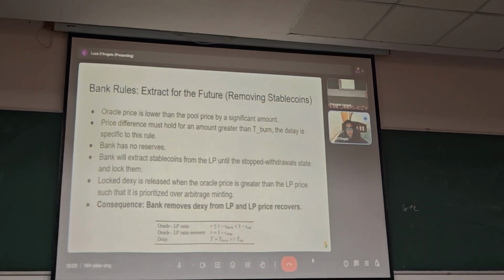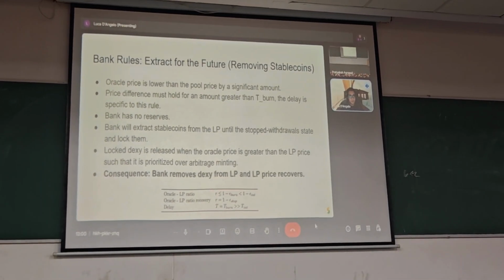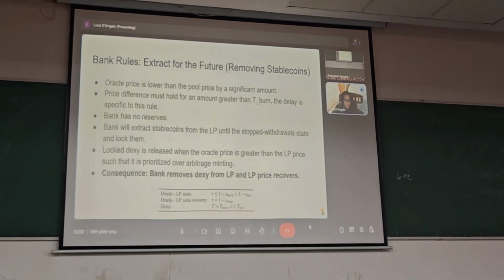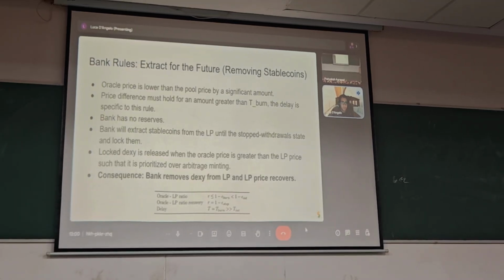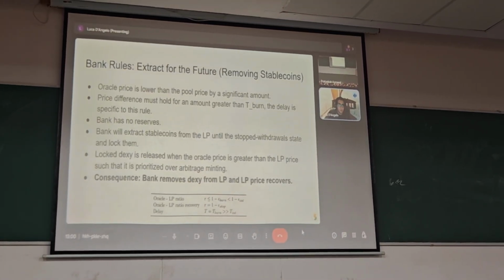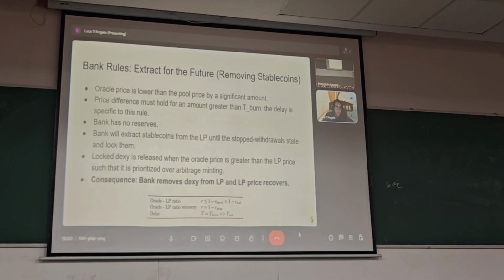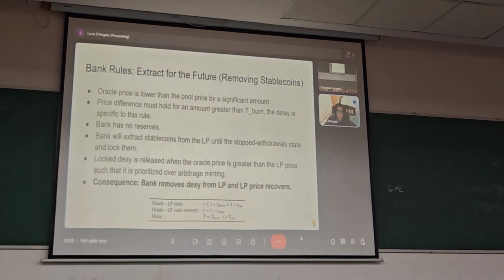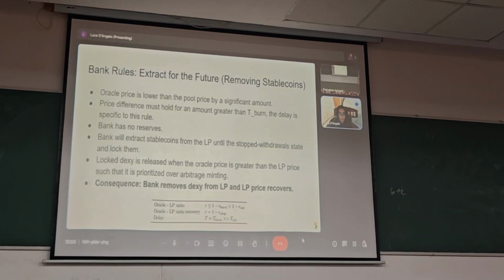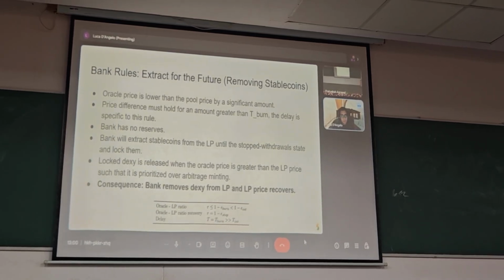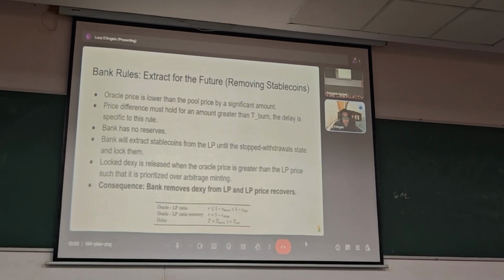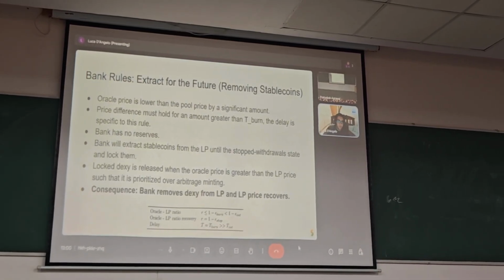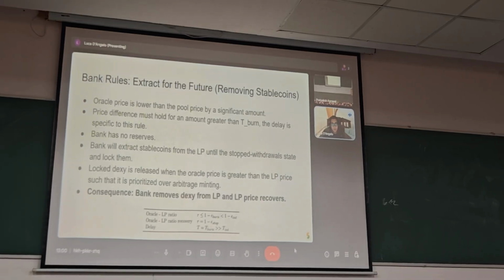Similar to burn is extract for the future. The parameters are basically the same as the burn case, but instead of burning the tokens, you store them, you lock them up, and then inject them into the liquidity pool again at a later time. In this case, we do it when the oracle price is greater than the LP price, and it's prioritized over arbitrage minting.